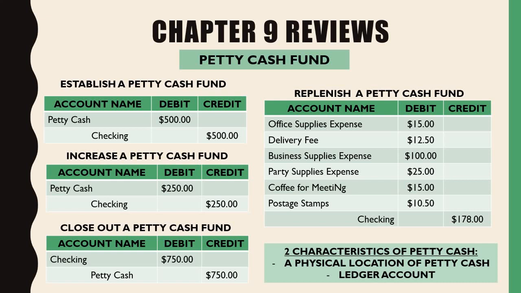And then of course, when we are replenishing it, we're going to be counting the total number of receipts and acknowledging that these expenses have occurred, and then writing a check for this exact amount, and then putting that amount into the petty cash drawer. Okay? Any questions in regards to chapter 9?